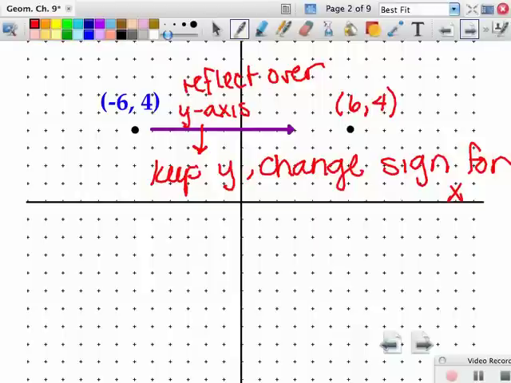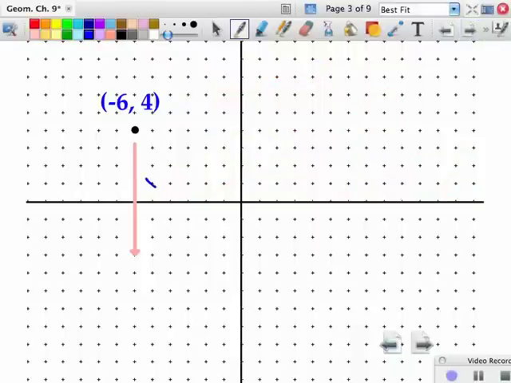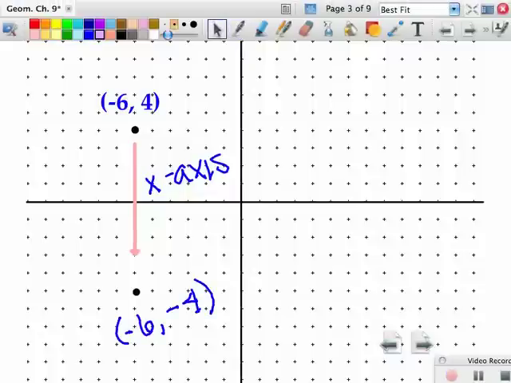So what do you think is going to happen when we do our x-axis reflection? I bet you can take a guess. So we will move this down, so we're keeping the same distance away. Now, the difference is that as we reflect it here, what do you think stays? The x. So it becomes negative 6, and now our negative 4. And actually, I think I moved it down a little too far.